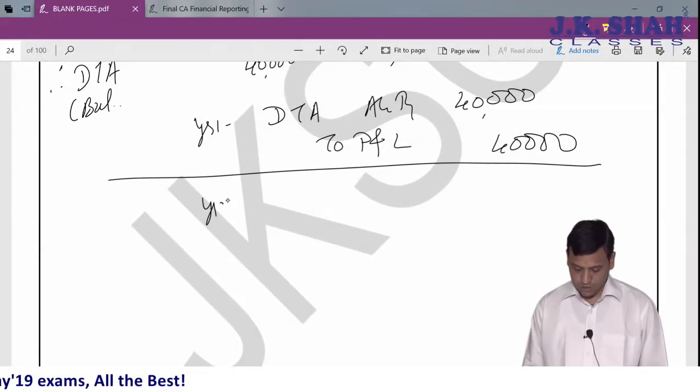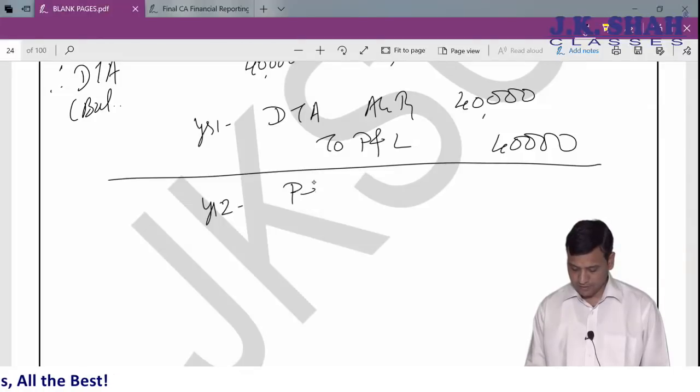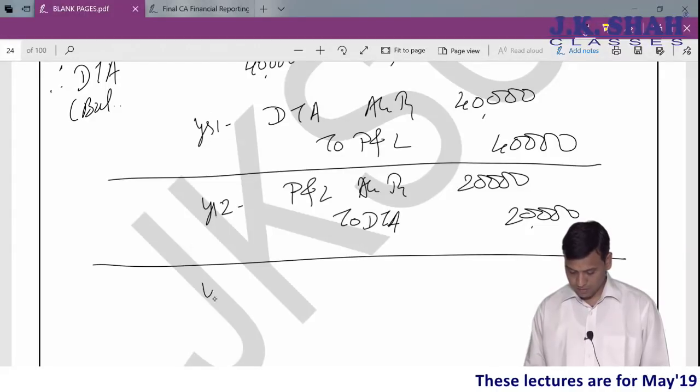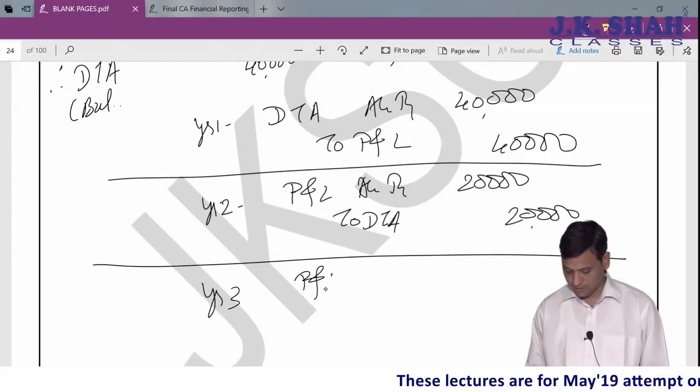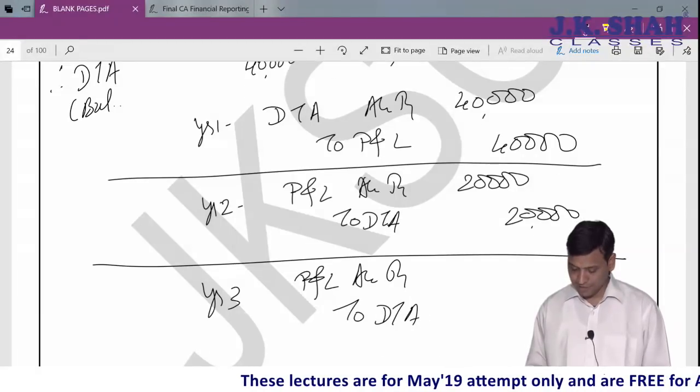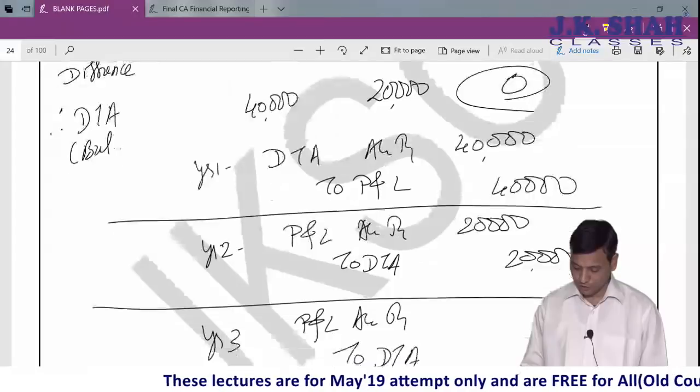Year 2, I want balance to be 20. Profit and loss account debit to DTA. Year 3, I want the balance to be 0, please. The balance is 0.